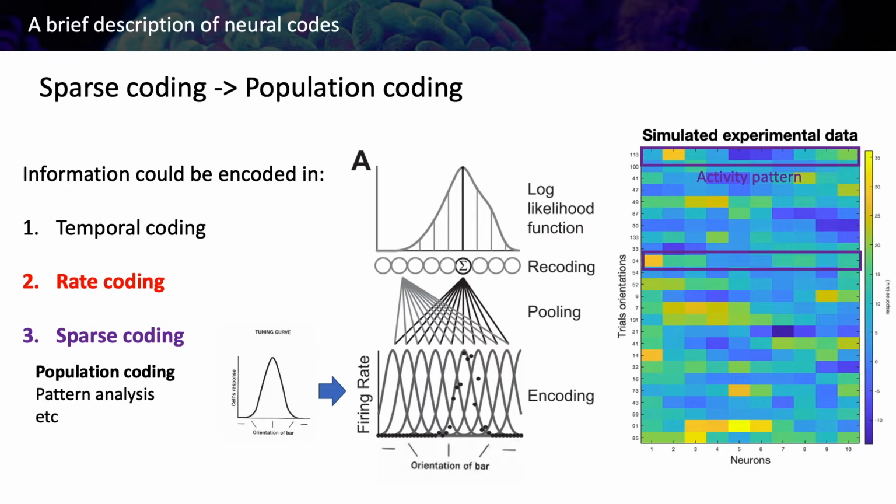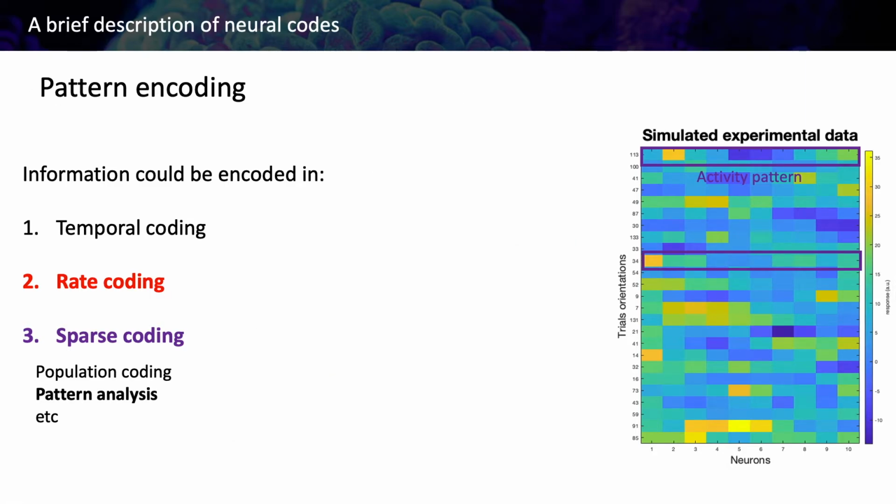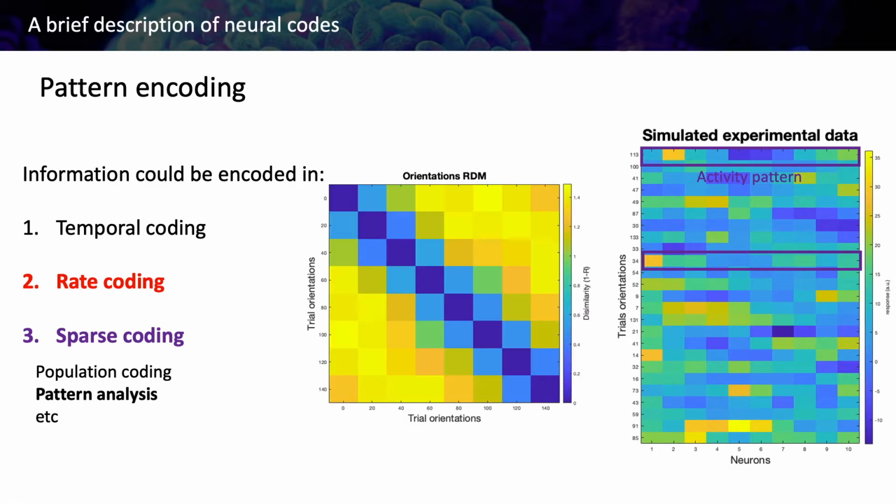If we apply representational similarity to these matrices that we have artificially generated, then what we get with the pattern analysis is an RSA, and what we can see is that a 0 degrees orientation is very similar to a 0 degrees orientation and very dissimilar to, for example, 140 degrees. So this is the classical representational similarity with perfect information representation. And this has been technically decoded from here.